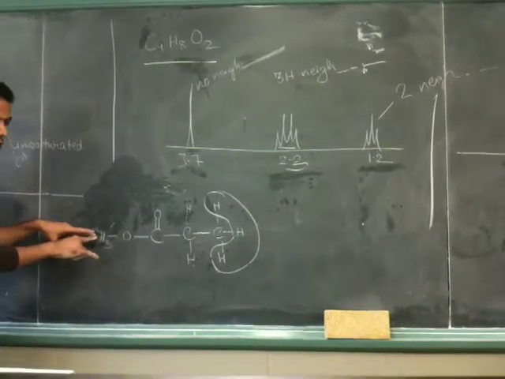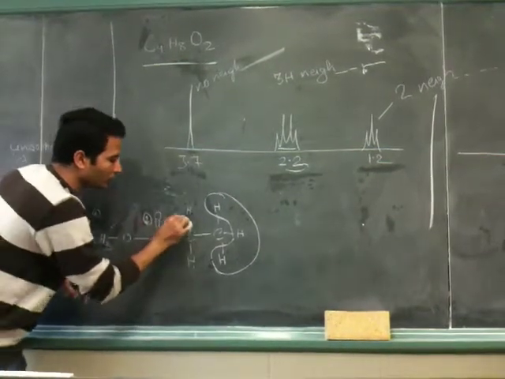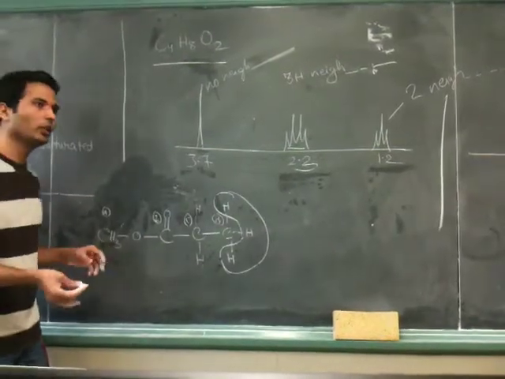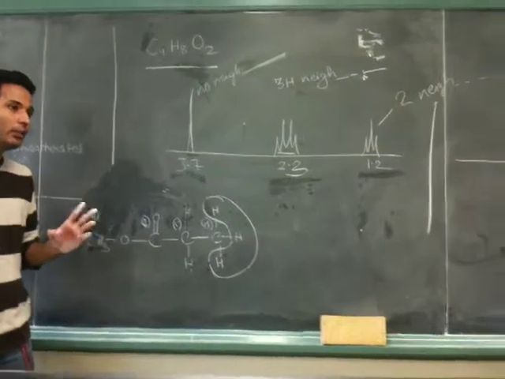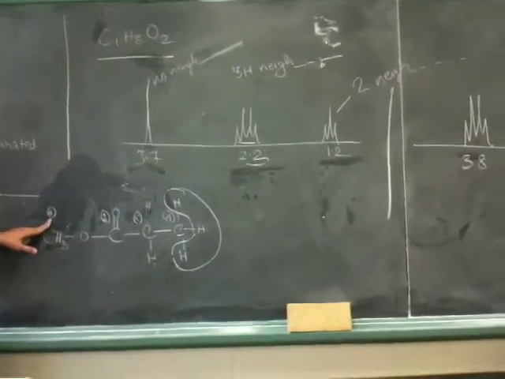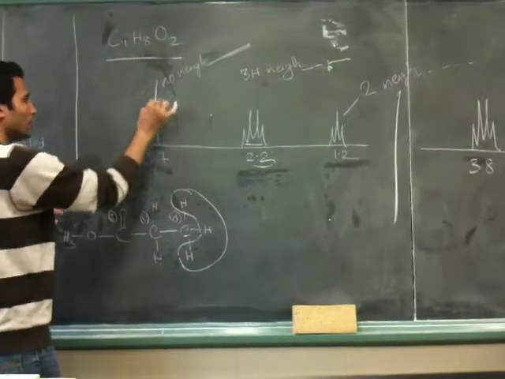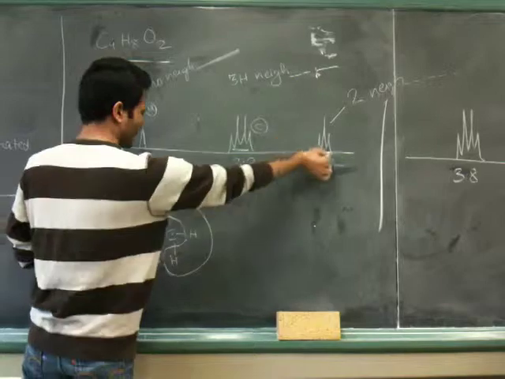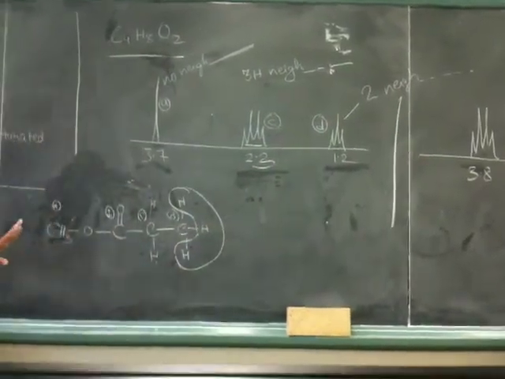So if you have written this, you write A, B, C, D. If you don't like ABCD, write 1, 2, 3. If you don't like that, write in any language, make any symbol, but make it. And then to assign the peaks, just write A, C, and D. That's it.